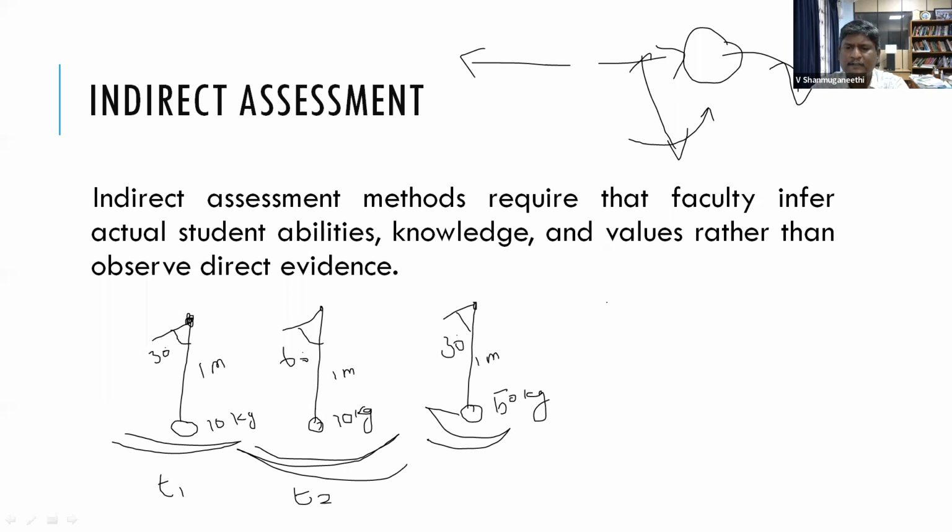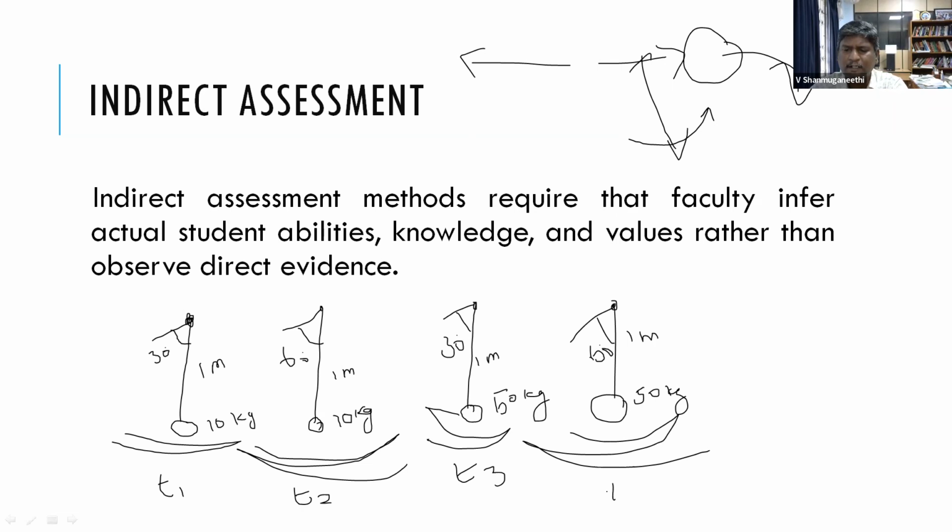The fourth case is, again, a 50 kg ball, 1 meter length, then lifting to 60 degrees. Then it's going here and there. So this is T3. This is T4. What's the relationship between T1, T2, T3, T4? So my question is, what is the relationship among T1, T2, T3, T4?